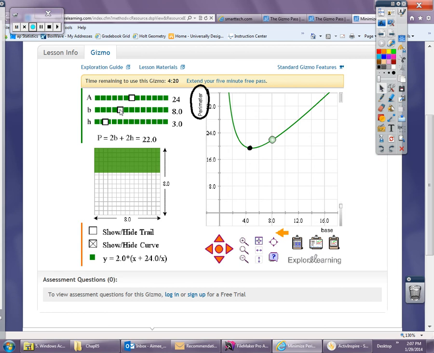So I'm going to start by dragging the base greater, just like I did last time. And notice that is not minimizing my perimeter. It's just making it get bigger. So this is something like, let's say a farmer has a set amount of fencing, and he wants to create the greatest possible area for his cows to roam.